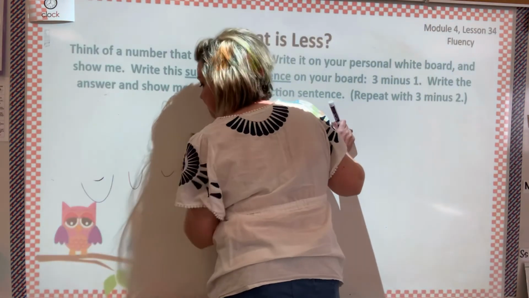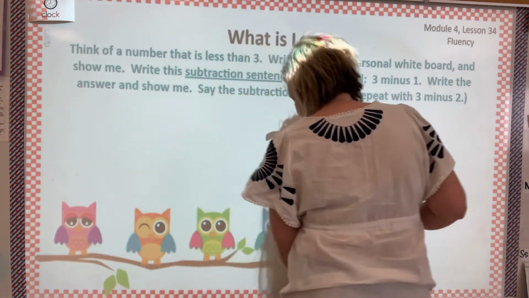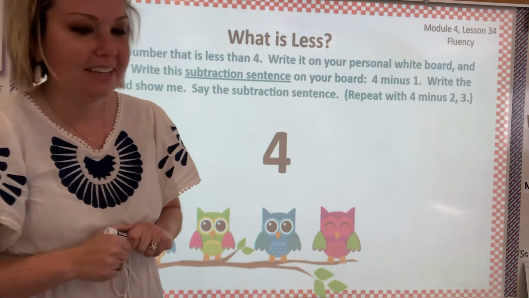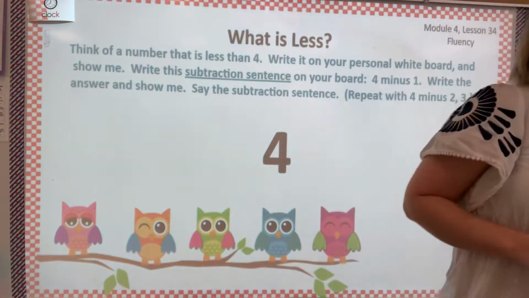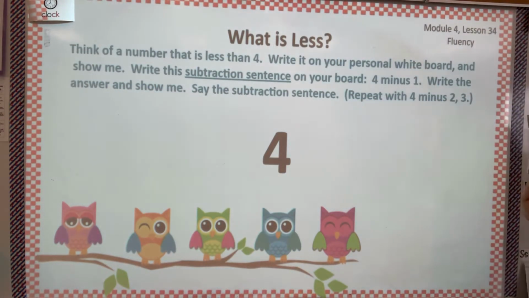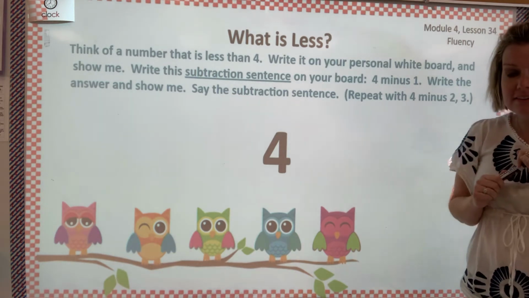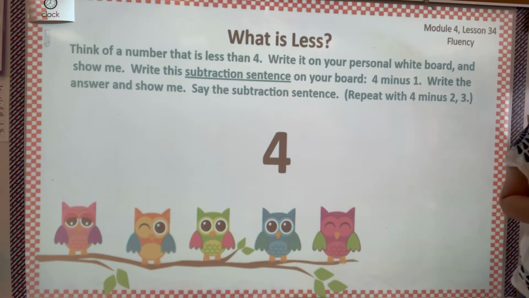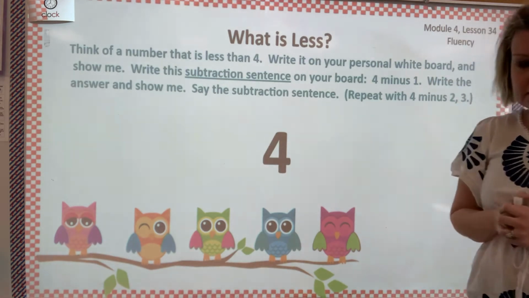Let's do it again. Let's do the next one. Erase your board nice and clean. Write down a number that is less than 4 and hold up your whiteboard. That means fewer. Ooh, some people wrote 3. I saw 1, 0.